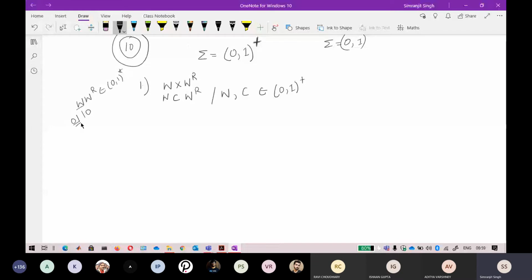So again, I have to remember this part: I have seen the reversal, and I have to again see the same string in the opposite way. You can go with any string, say W is 001, then WR becomes 100. This string was not regular, because I told you that in this kind of a language I have to remember this one. Again, if you apply the pumping lemma to this, suppose you take any string like this one.